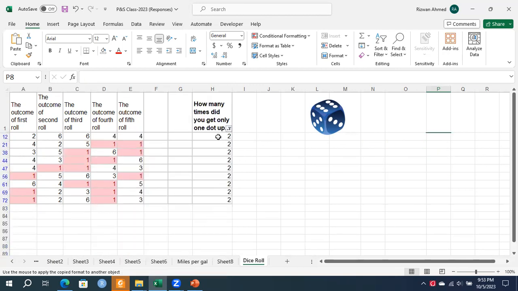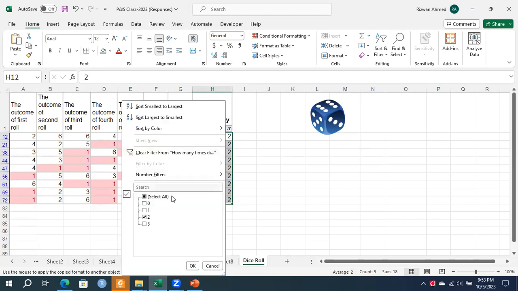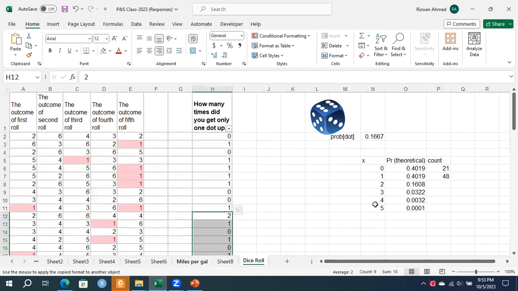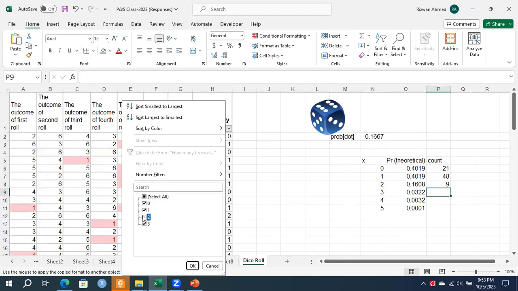Okay, so the number of experiments in which this was possible, these are the 9 experiments. So I write here 9, and well, we didn't get more than 3 times the desired outcome.